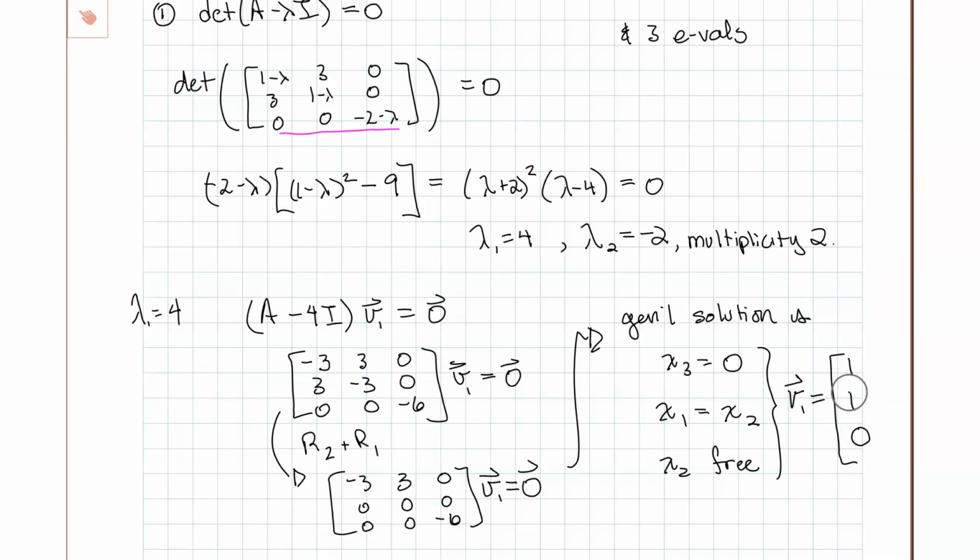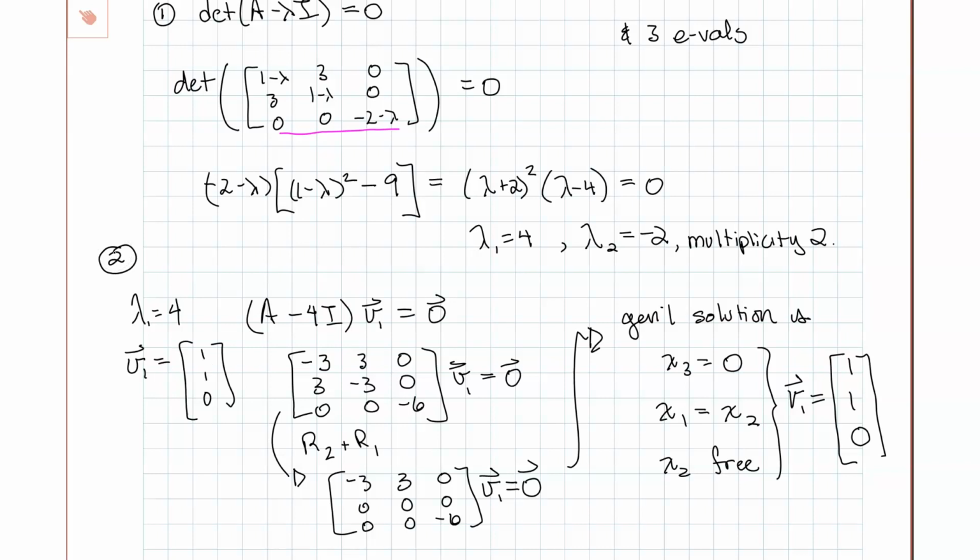The simplest vector I can think of that has that property is 1, 1, 0, and so I'll use that. Remember that, again, with the eigenvectors, all we need is one vector that points in the direction of the general solution. So it doesn't matter which one we pick, it just has to satisfy this criteria. So I'm going to take v1 equal to 1, 1, 0.